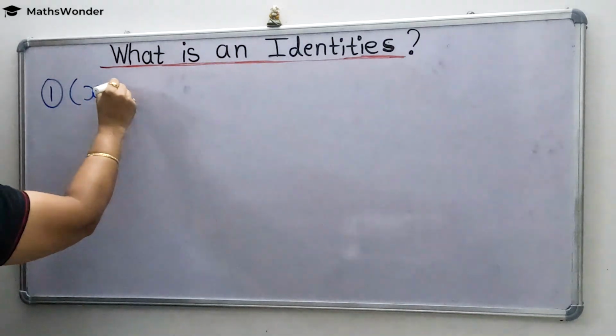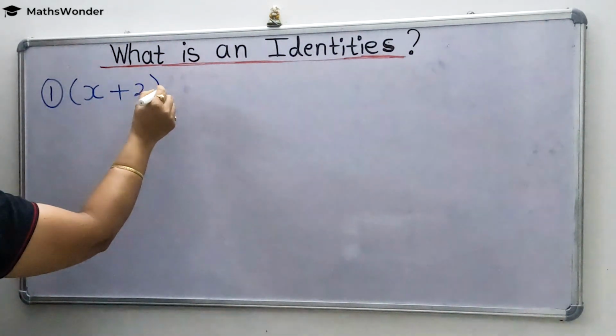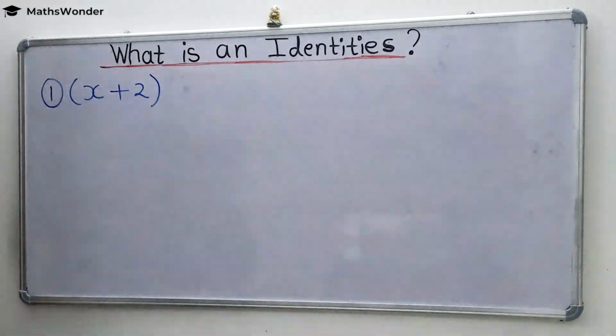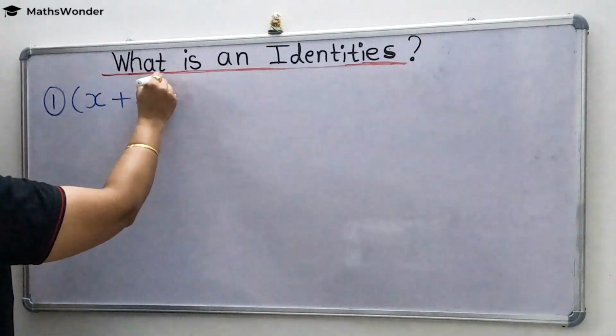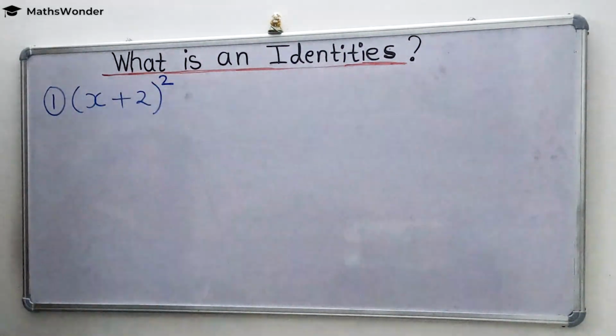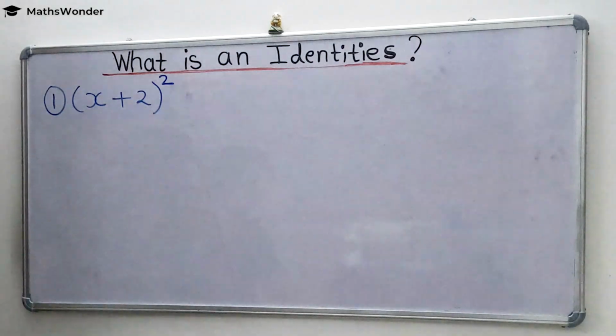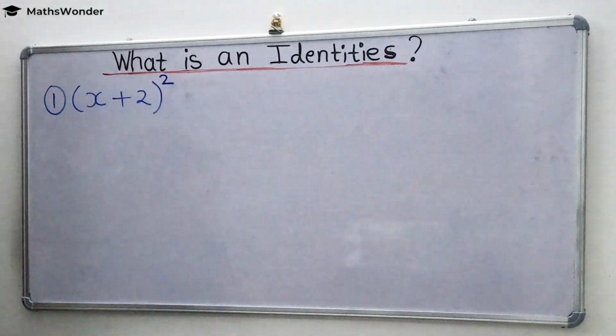x plus 2 whole square. The first question is x plus 2 whole square, right? So how will you find it? There are two variations. First is the long method, as you have done in algebraic expressions.